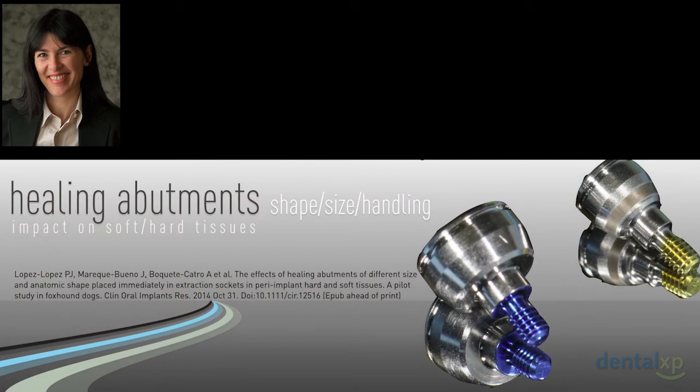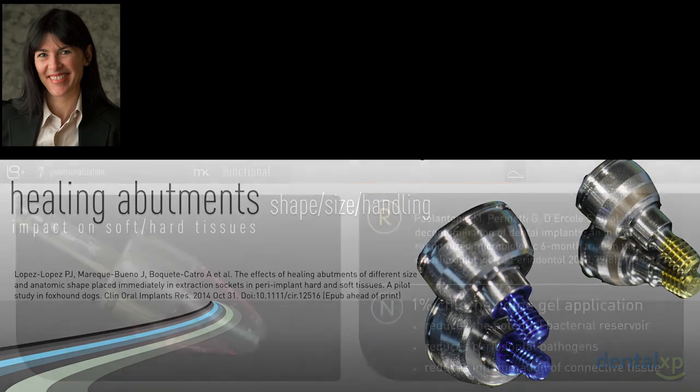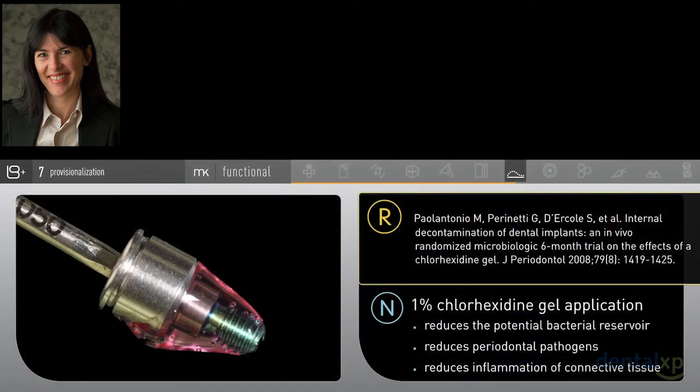Now, yes, sometimes I place healing abutments, because I can't always deliver some kind of fixed restoration. And healing abutments in themselves can really influence tissue healing. Whether it's the shape, the size, how you handle them, what kind of surface treatments there are, these all impact the soft tissue volume and the soft tissue stability.